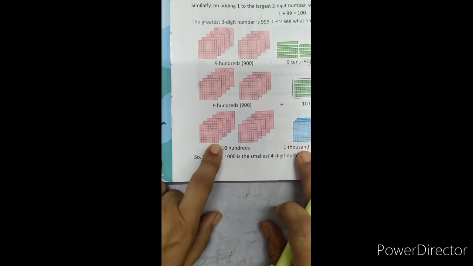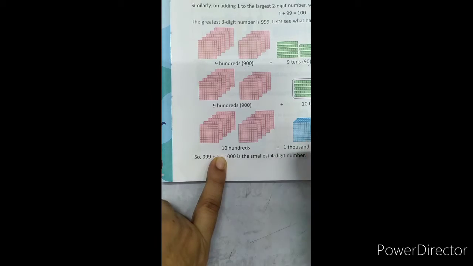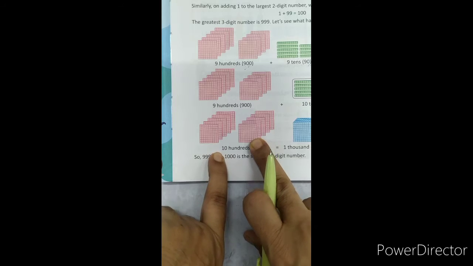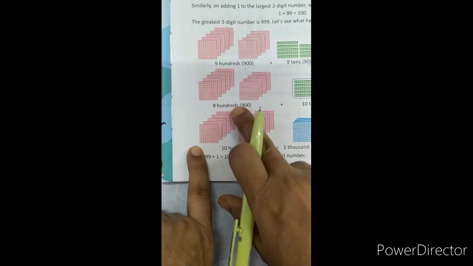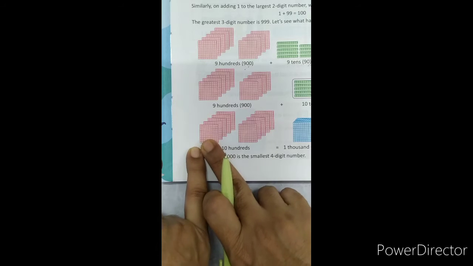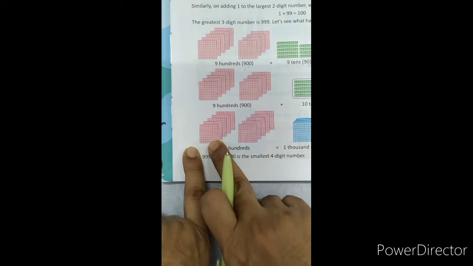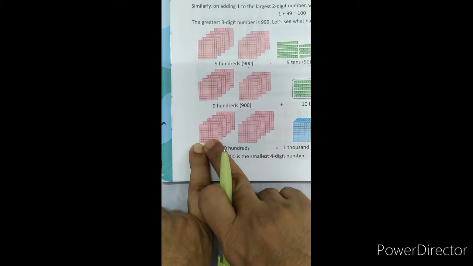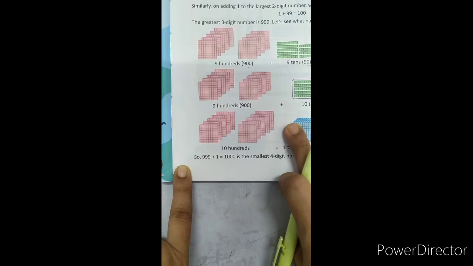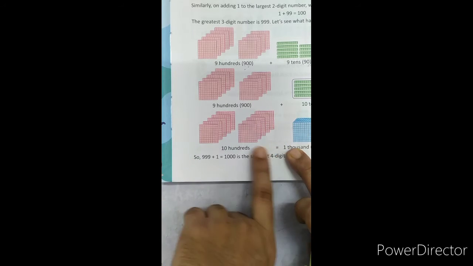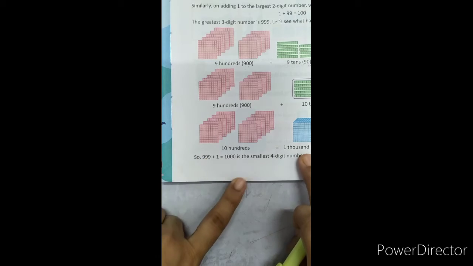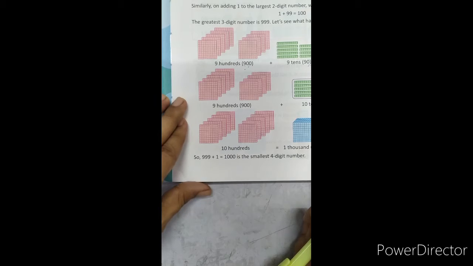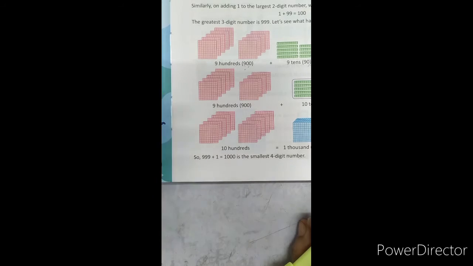Now, if you go for 10 slabs, each slab has 100 small squares. Can you see? So this will become your 10 hundreds, and these 10 hundreds together will give you 1000. So 1000 becomes your 4-digit number.